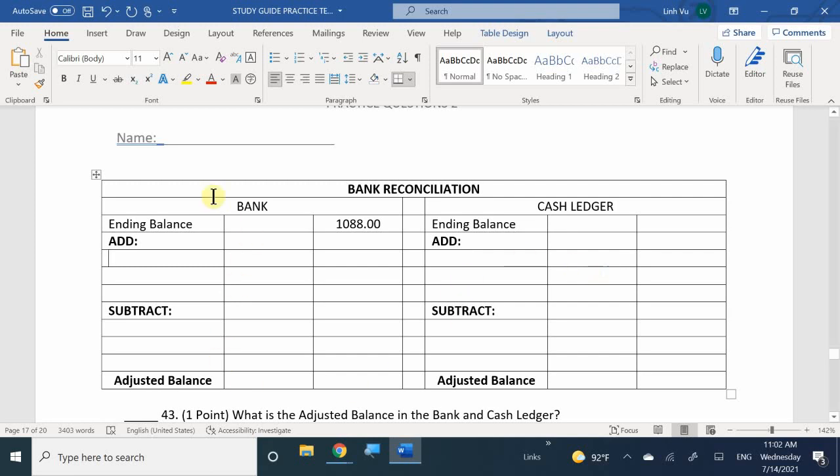That's going to be a part of it, but what am I going to be adding first? Deposits in transit, right? For your bank side, you have DO. First thing you're going to add is your deposits, and then you're going to subtract your outstanding checks. So in this case, we're going to add our deposits.